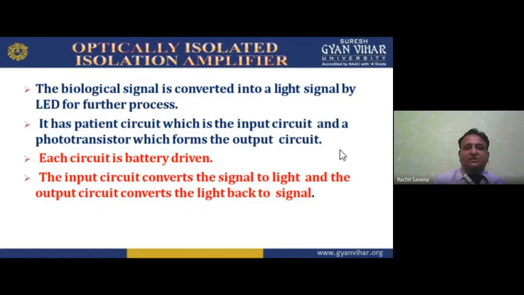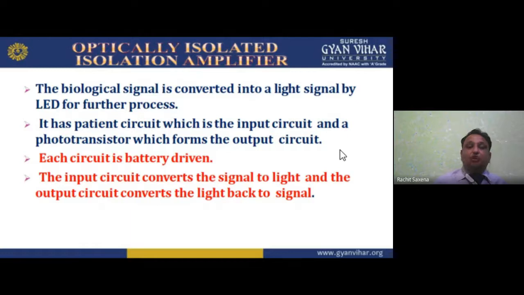It has a patient circuit, which is the input circuit, and a phototransistor, which forms the output circuit. The patient circuit basically works as the input circuit, and the phototransistor we use for the output circuit.